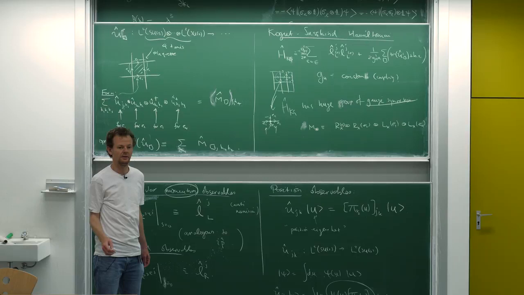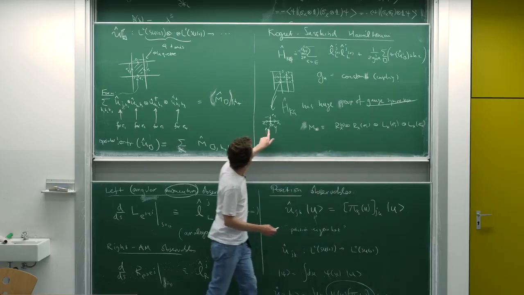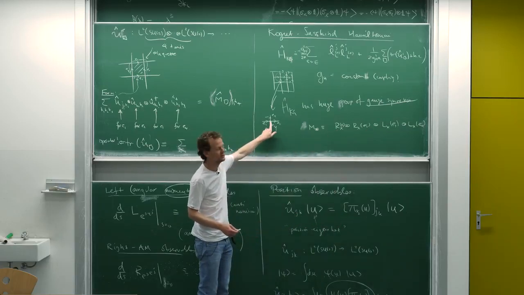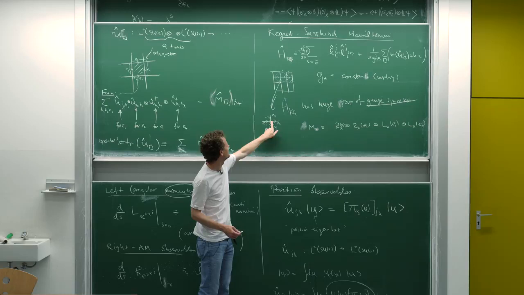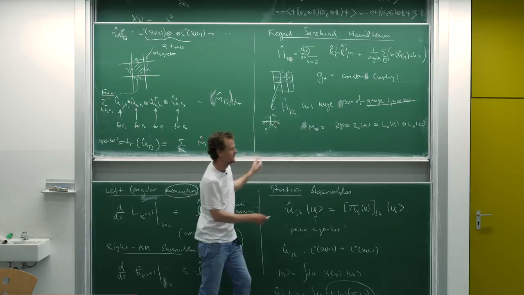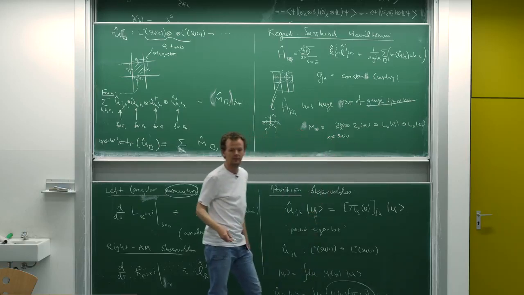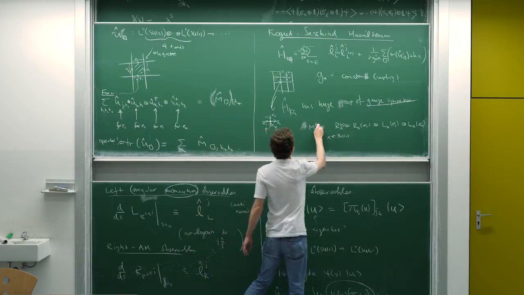How do you choose these operators, right or left? If the arrow comes in, I use a right multiplier, and if the arrow goes out from the vertex, I use a left multiplier. And x is an element of SU2. So this is localized at some vertex v.